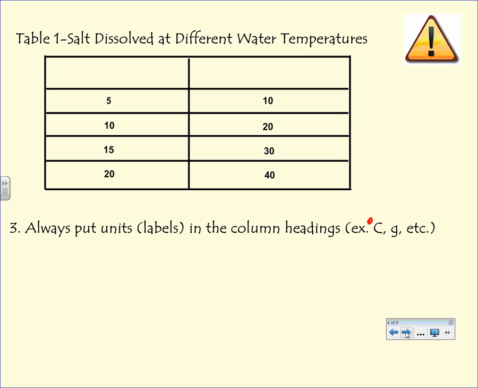And item number 3, always put units and labels in the column headings. So each one of these columns go up and down, remember. You need to tell me what those numbers mean. What are they representing?